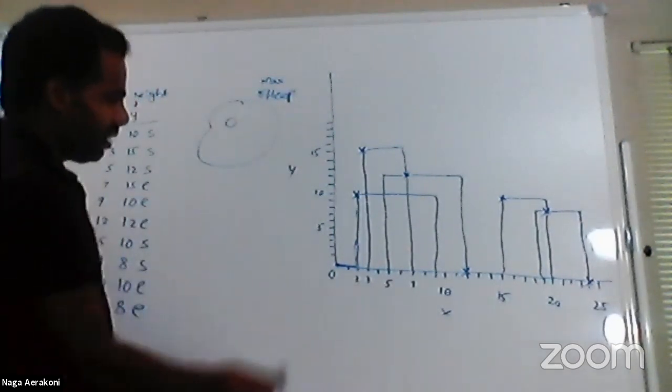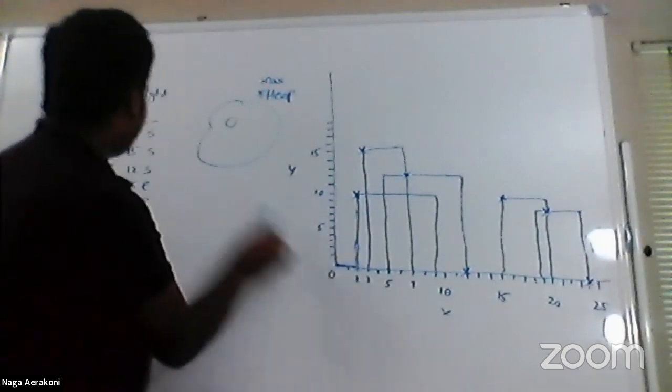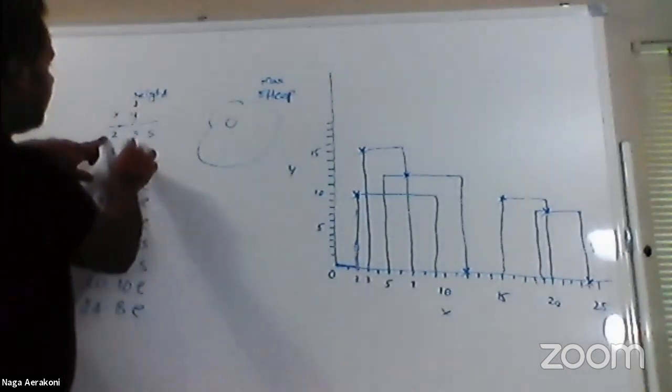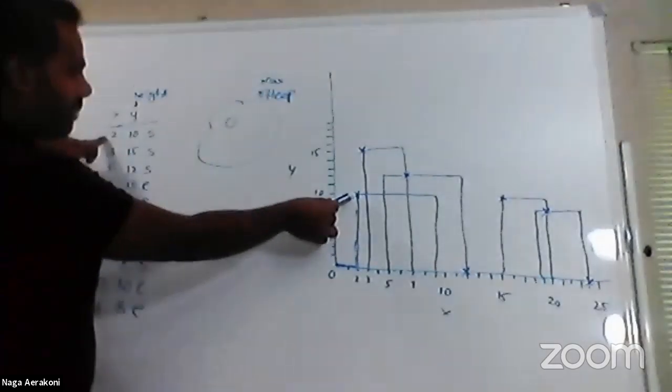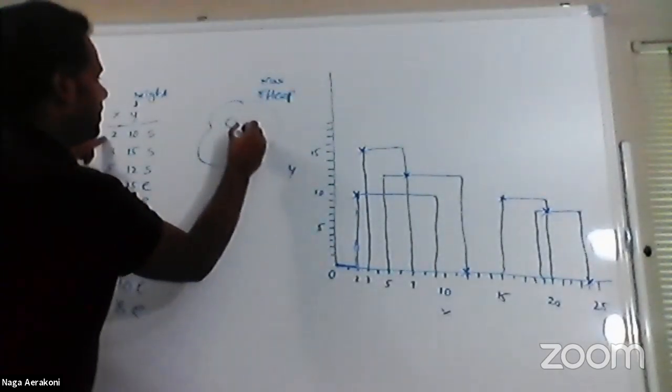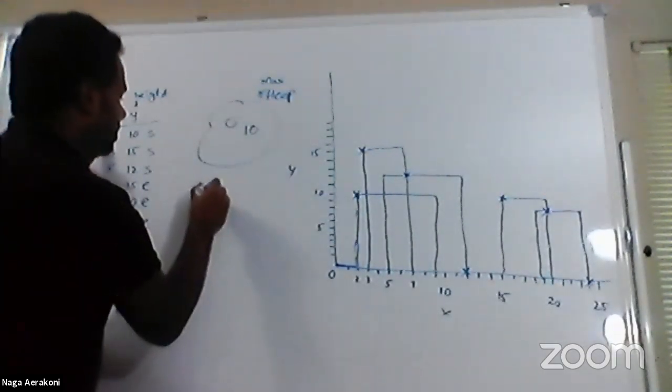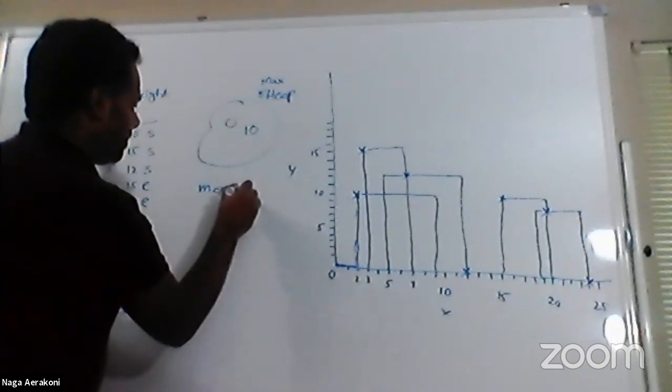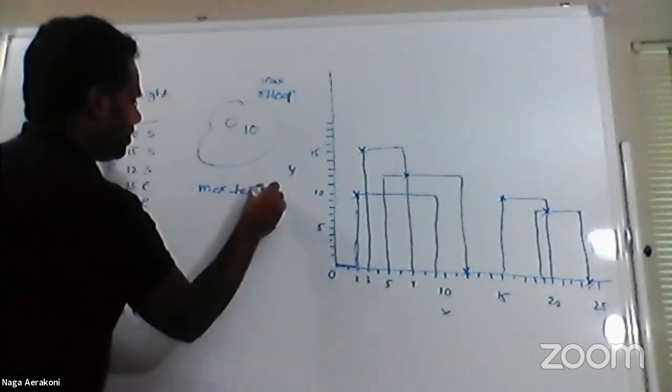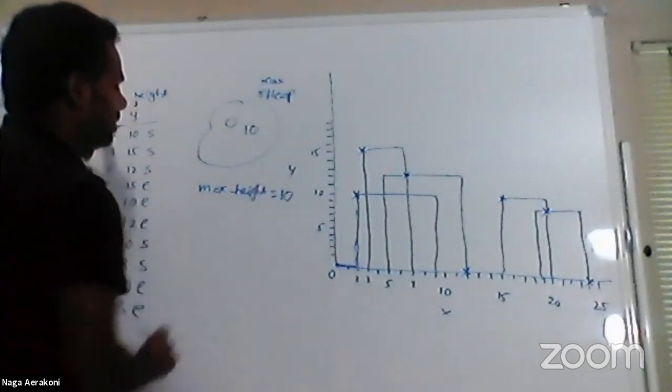Right? Now when I visit the first one, which is 2 and 10, my max height is 10. The max height so far that we have seen has changed to 10.